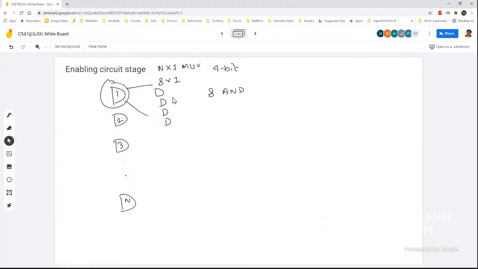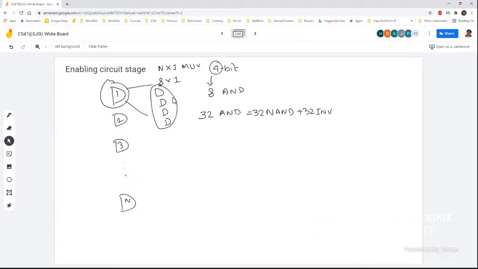So it expanded to 4 individual 2 input AND gates. So we have total 32 AND gate at the enabling circuit stage, which means it is 32 NAND and 32 inverter at that point.